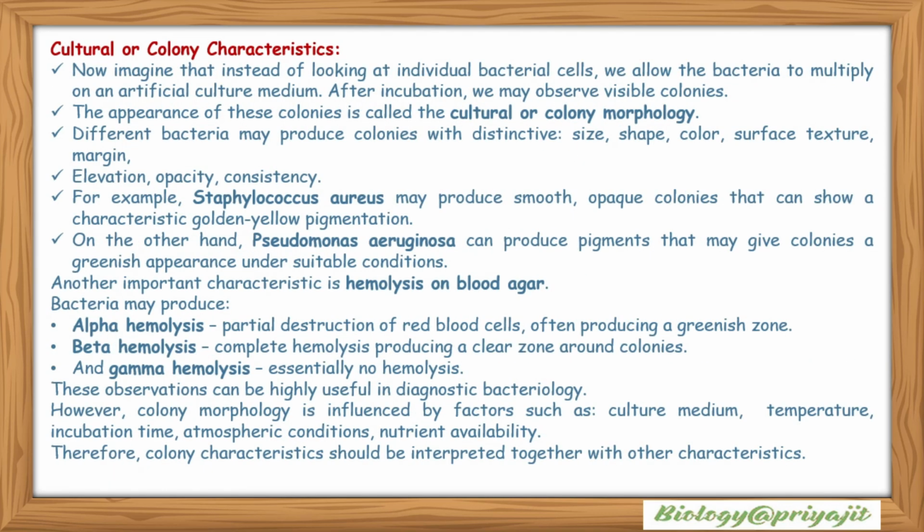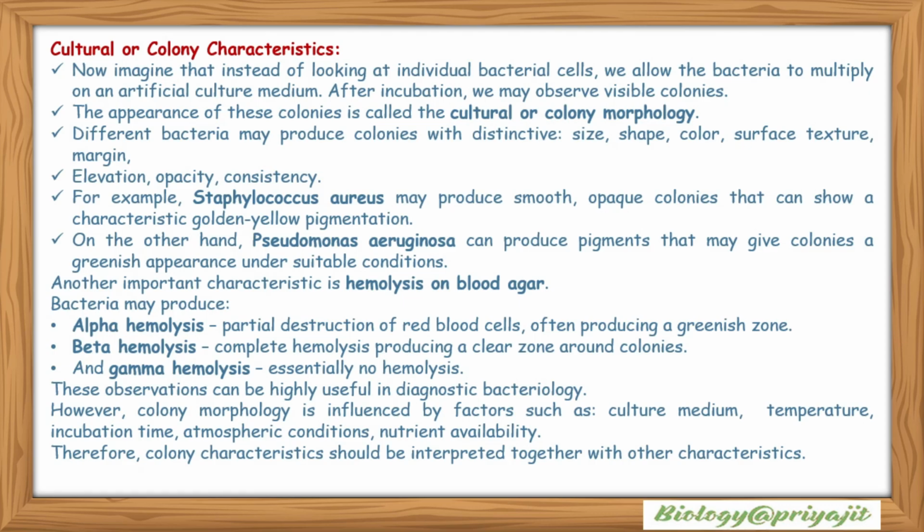Cultural or colony characteristics. Now imagine that instead of looking at individual bacterial cells, we allow the bacteria to multiply on an artificial culture medium. After incubation, we may observe visible colonies. The appearance of these colonies is called the cultural or colony morphology.